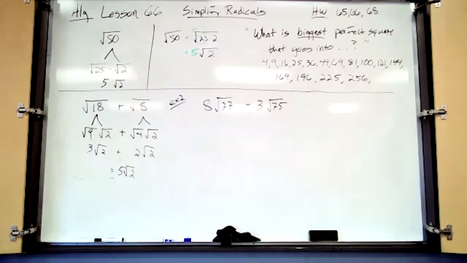All right, so one step at a time. What do you do first? Wouldn't you simplify both of them? Yep, so in that radical 27, there's a perfect square hidden inside. So let's go in and yank it out.